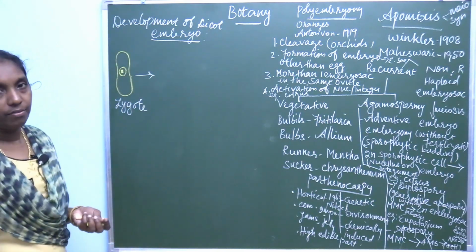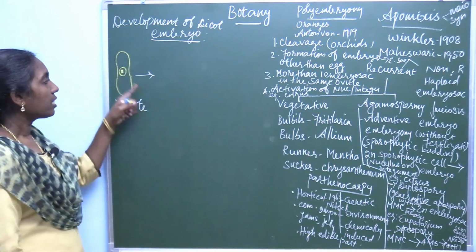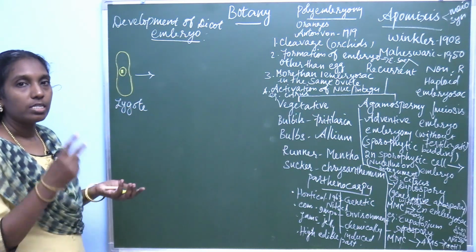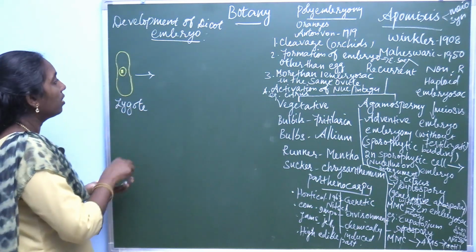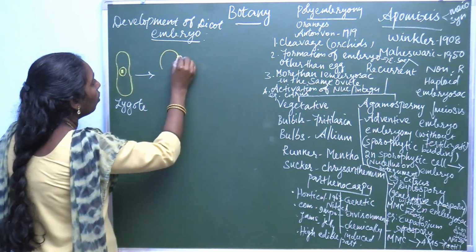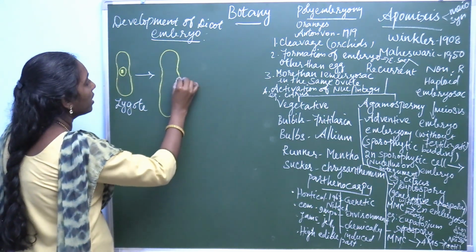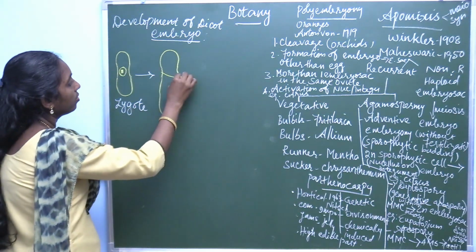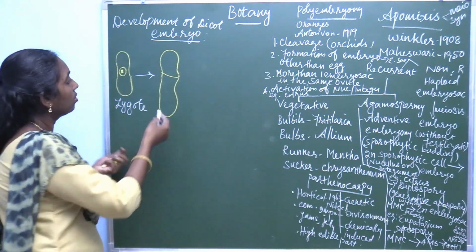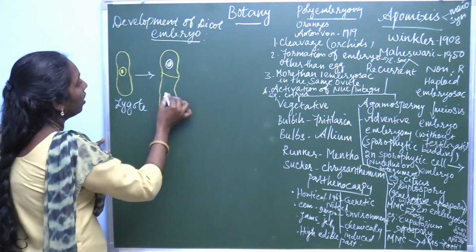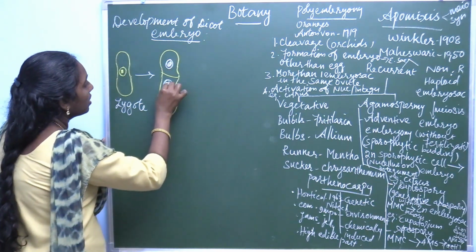The zygote undergoes division. A transverse division takes place in the zygote and it produces two cells, the upper or terminal cell and the basal or lower cell. This is the upper cell, and this is the basal cell.